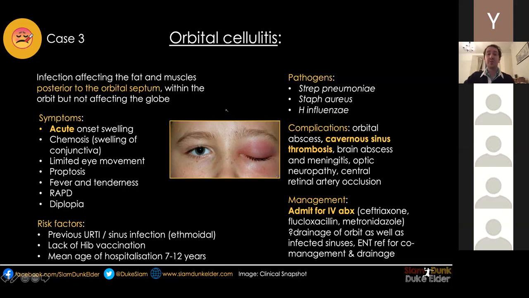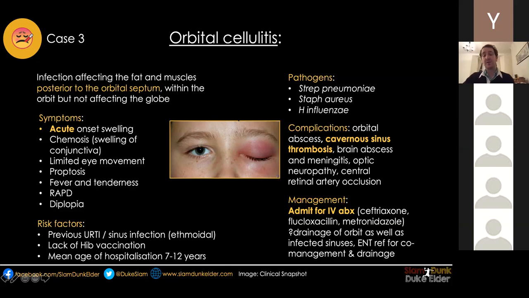This is dual managed by ENT as well, so they refer to them and they can drain the sinuses or the orbit if needed. But yeah, the CT will give you the clear diagnosis.